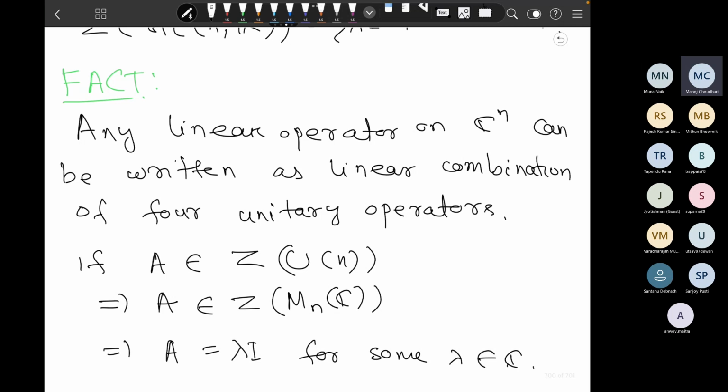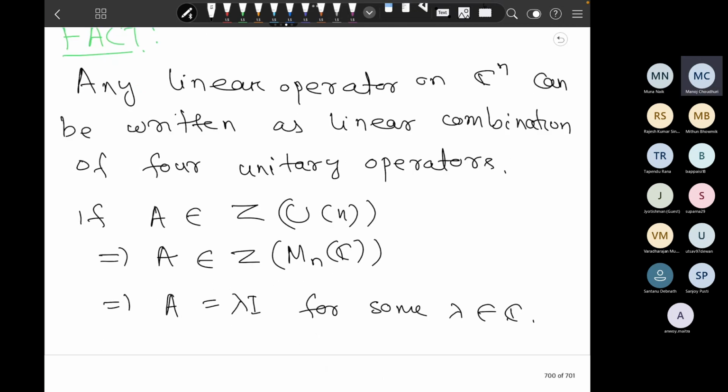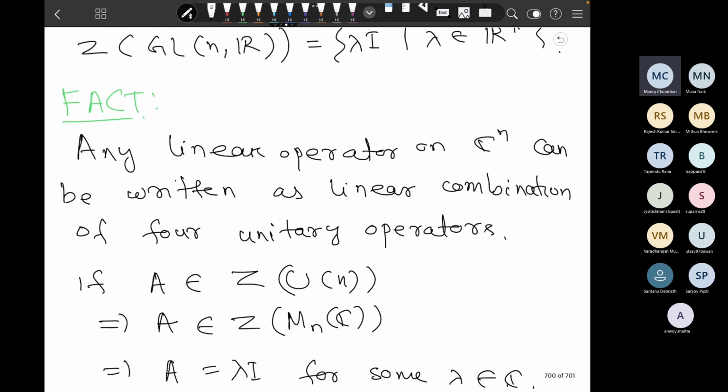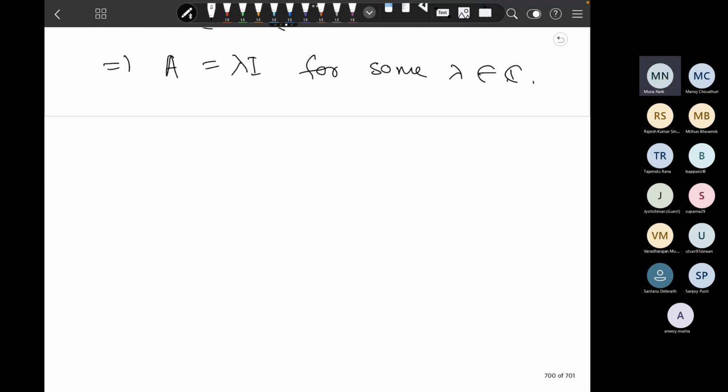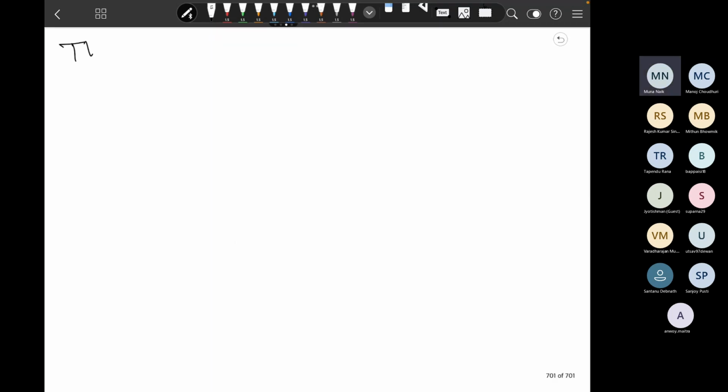Now it is okay. See, A in Z of U_N, then how is A in Z of M_N(C)? Okay, suppose A belongs to Z of U_N, right? I am explaining this thing. Okay, I am writing this. So let A belong to Z of U_N.